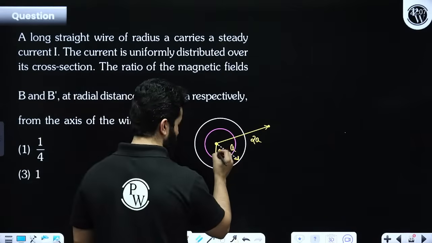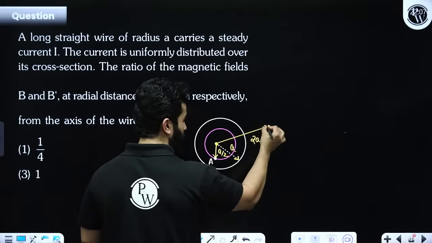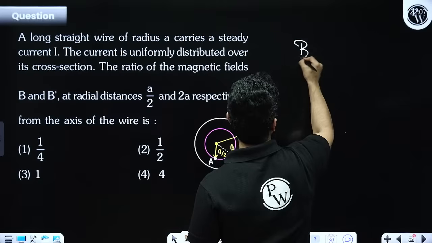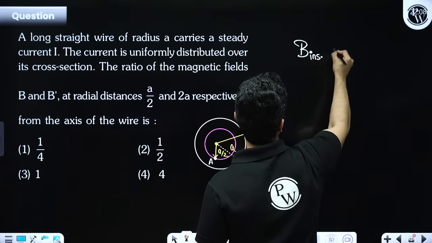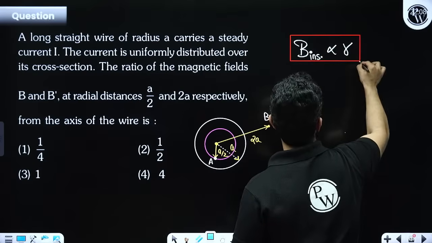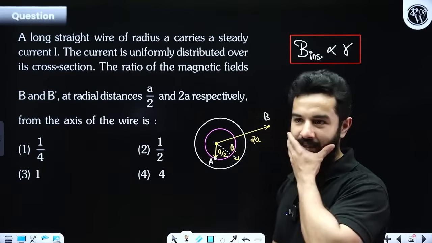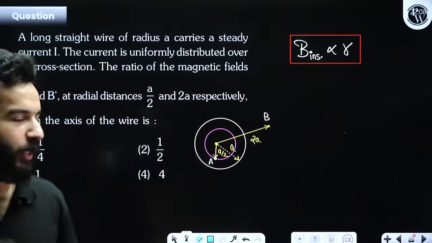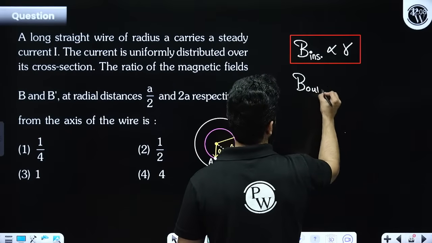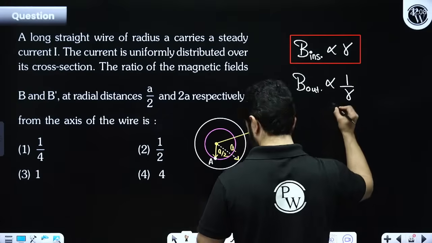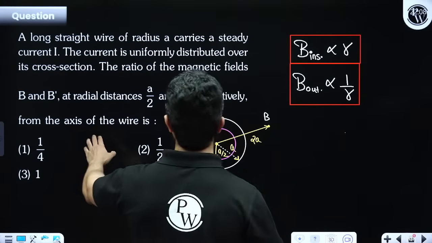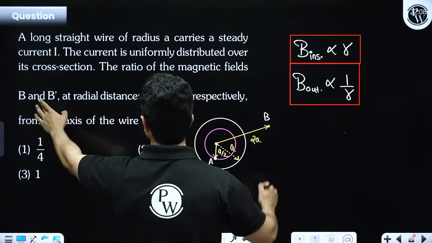Now let's say this is point A and this is point B. You should know that the magnetic field inside the conductor is directly proportional to r, when we talk about a solid cylinder. You can solve it using Ampere's law. And the next thing is that the magnetic field outside the cylinder is 1 upon r. So now they are talking about the ratio of magnetic field B and B dash.